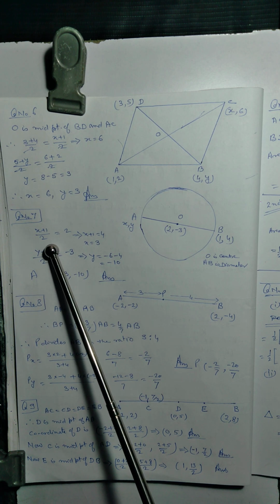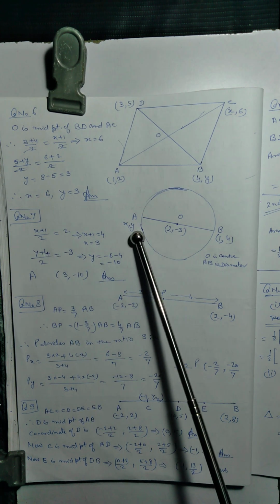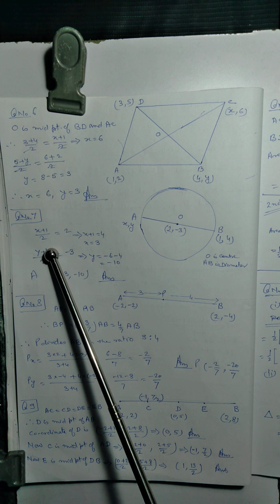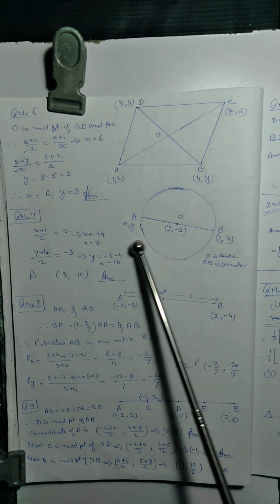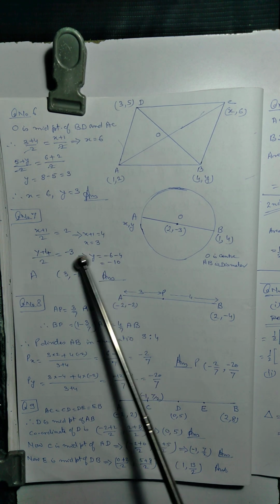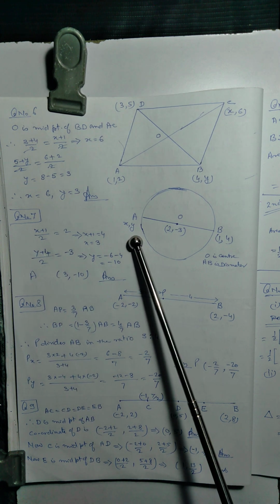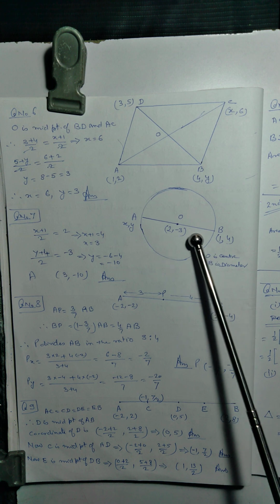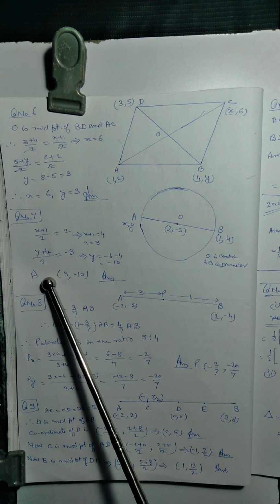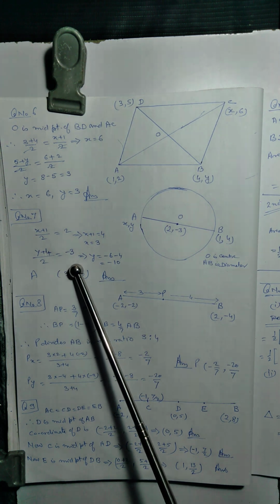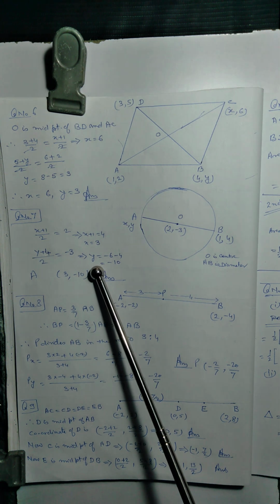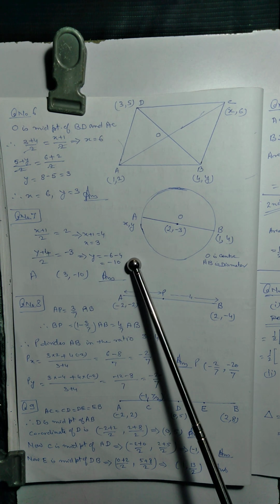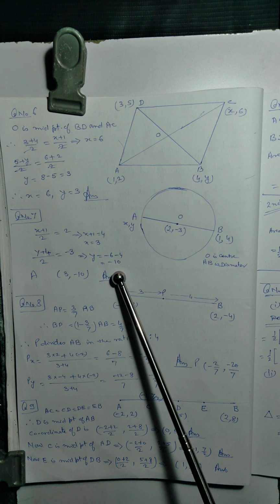So therefore, (x plus 1) divided by 2 is equal to 2. So x is equal to 3 here. So for y, (y plus 4) divided by 2, the midpoint, is equal to minus 3, and that will give y equal to minus 6 minus 4, that will be equal to minus 10.